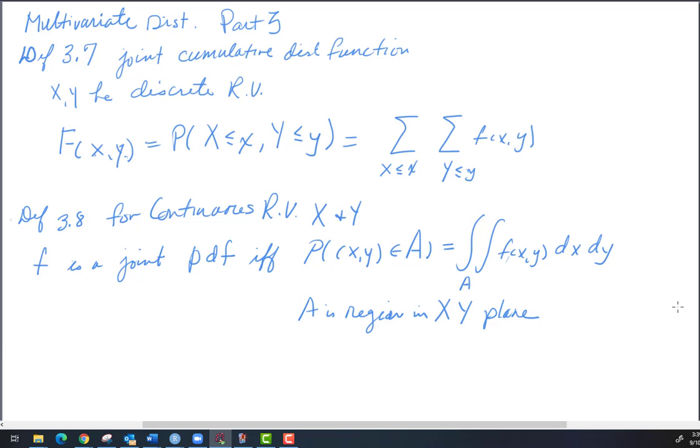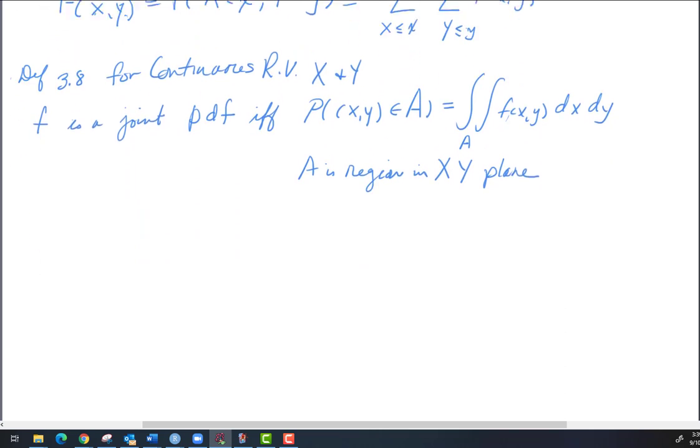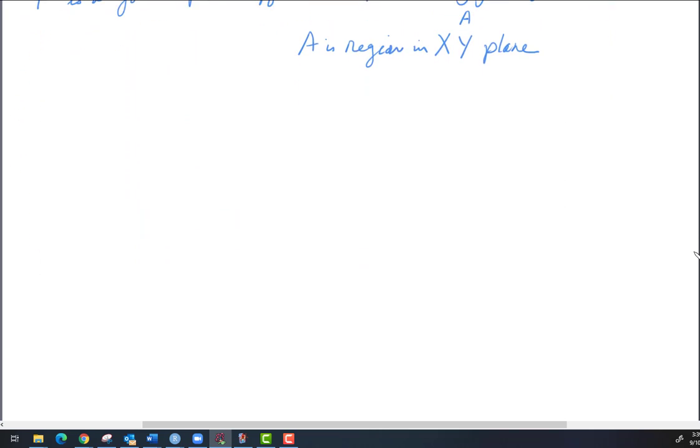Now we might as well jump right into an example to see what that definition means and how all this works out for us. So let's look at an example from our textbook again, 3.50.